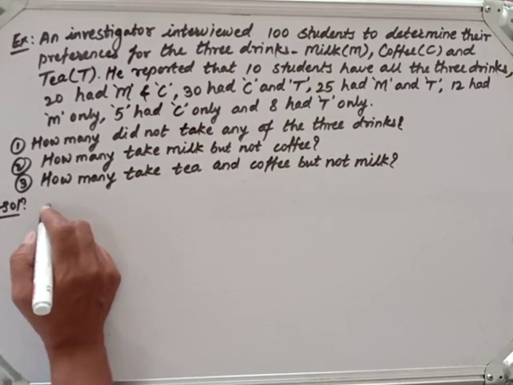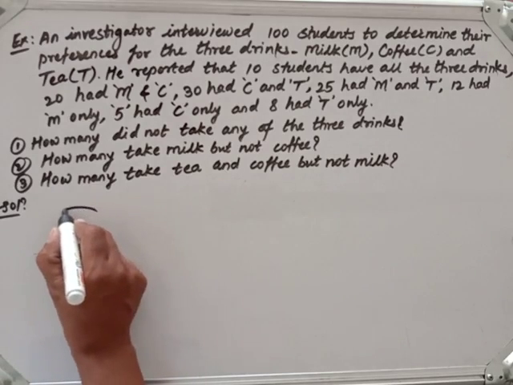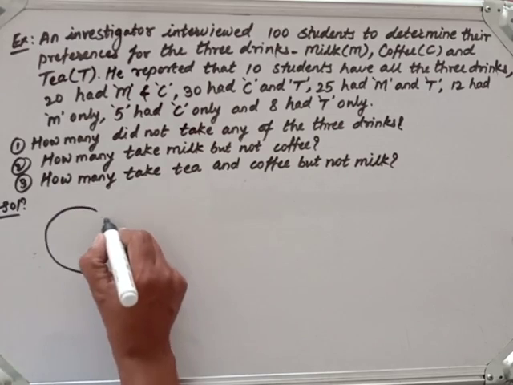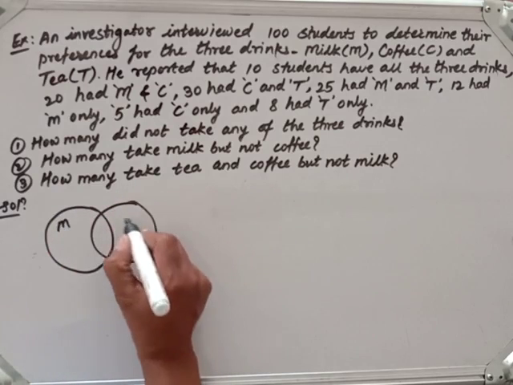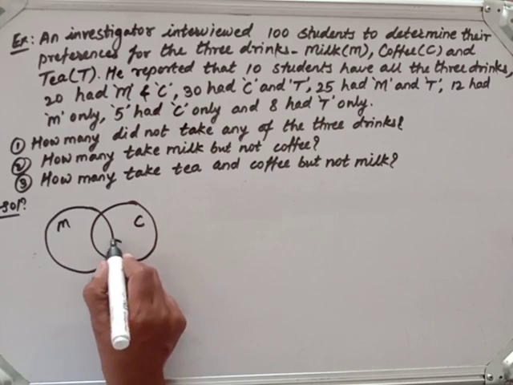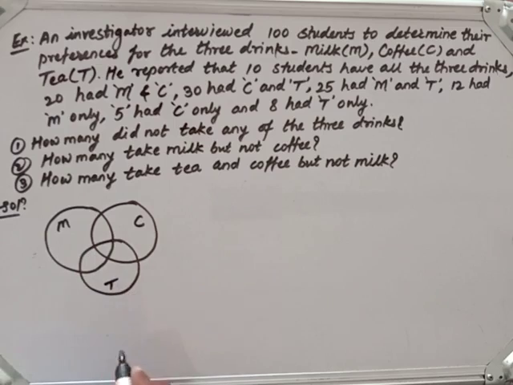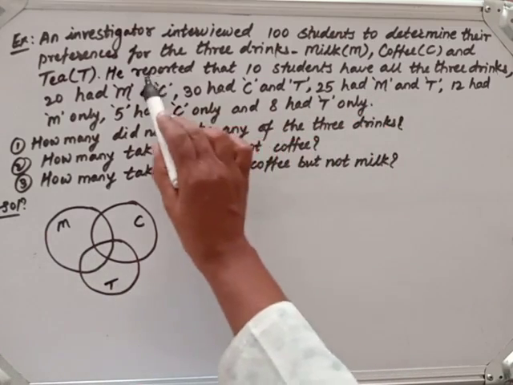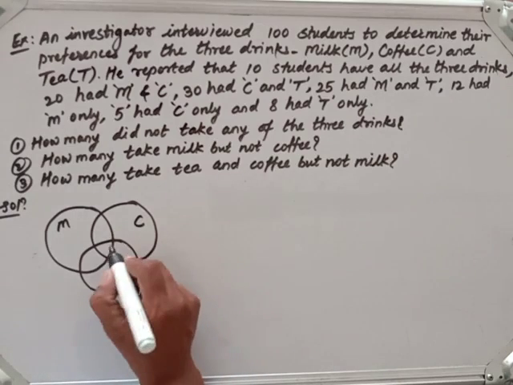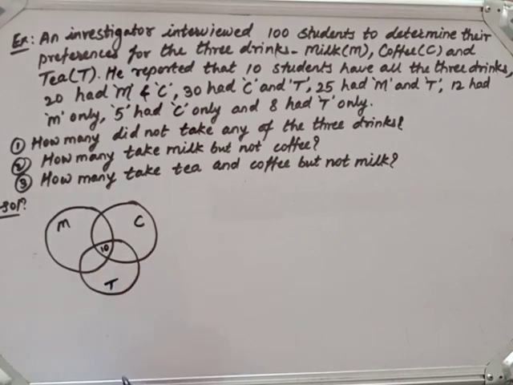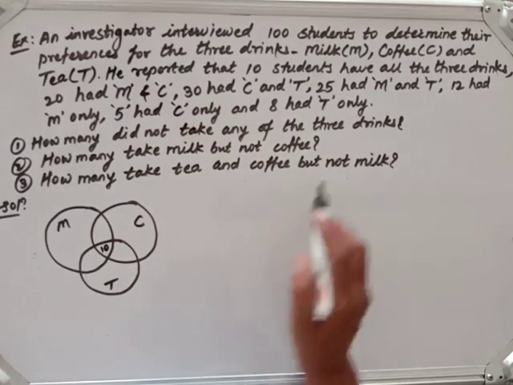So solution. What is the solution? Now let us draw the Venn diagram for this first. Let this part be denoted by M, this by coffee, and this by tea. Now 10 students have all the 3 drinks, so we get 10 in the intersection of all 3.